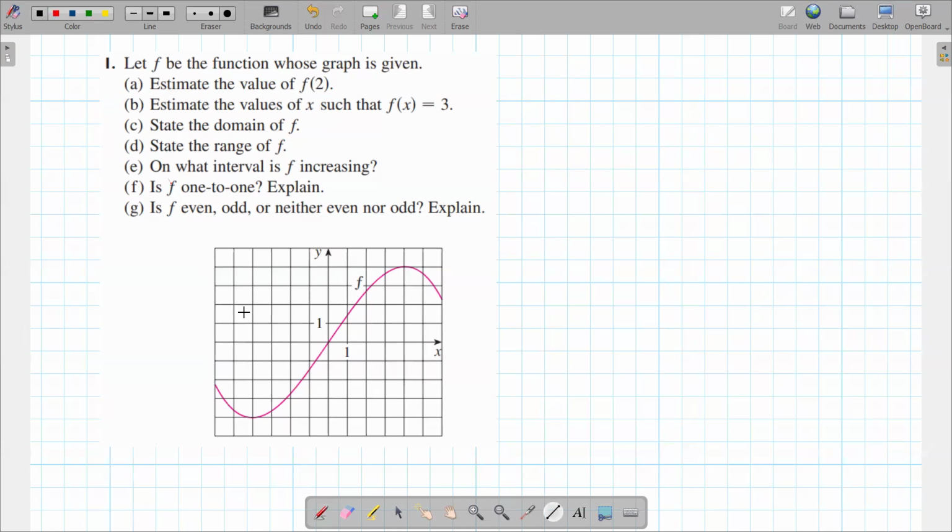Let me just make it a little bit thicker. So right there is your origin. Part A says estimate the value of f(2). It's a very simple question. What's f(2) approximately? You don't have to be precise. What is it asking us?